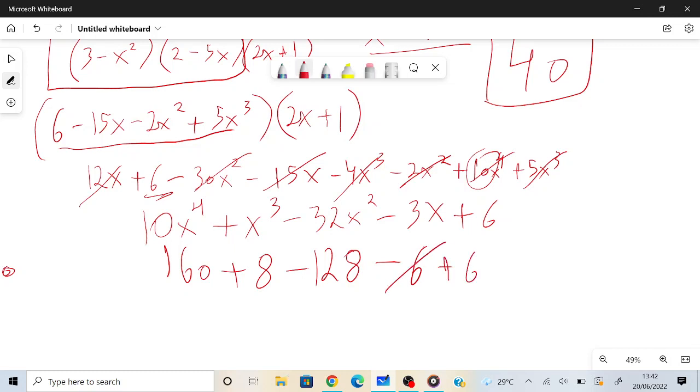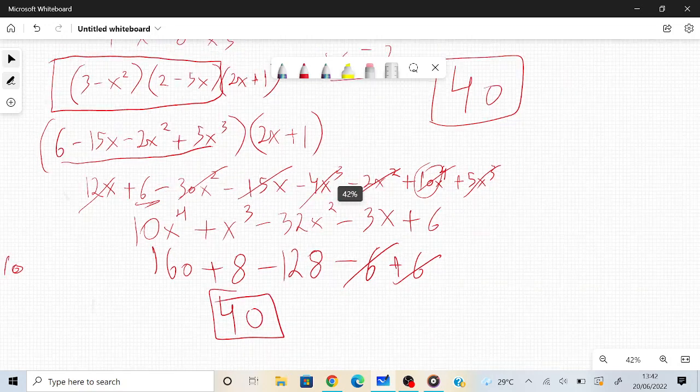Of course, these two cancel each other out because they will essentially be 0. 160 plus 8 minus 128 gives you 40. So this expansion was correct as well.